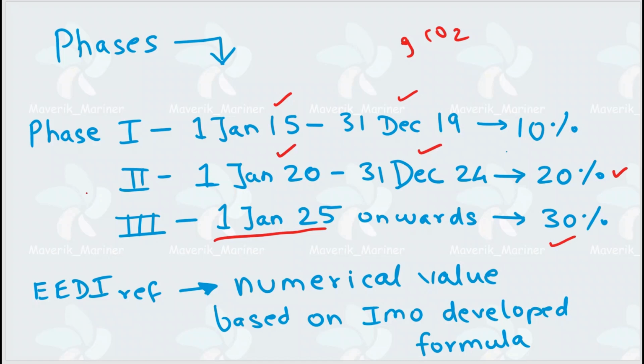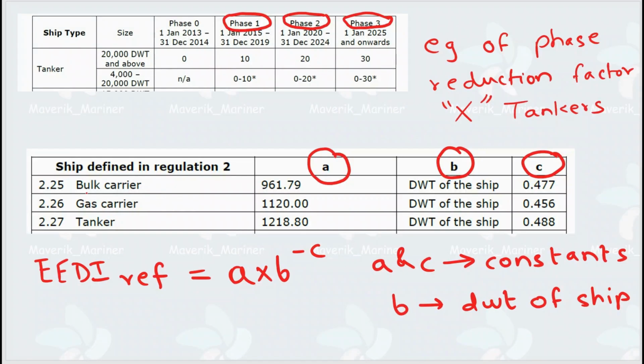EEDI reference is a numerical value based on a formula developed by IMO. Here you can see the formula.